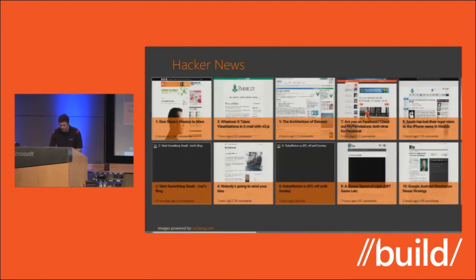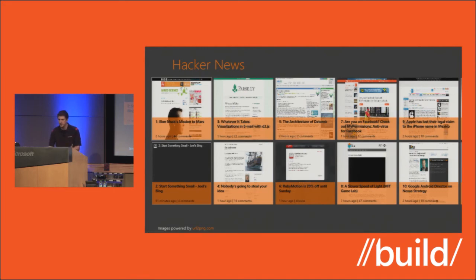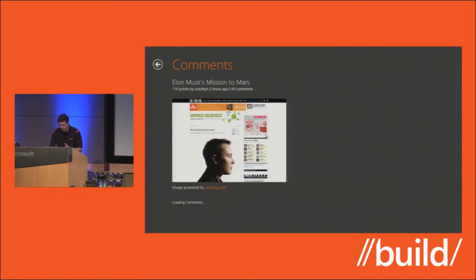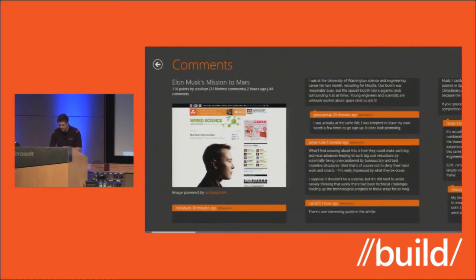It pulls in the latest via a feed. It's got a nice visual representation of the links on these pages, so you can see what they link to. Going into that first link here, you've got a nice image of what the link points to, and then you've got your comments right here.